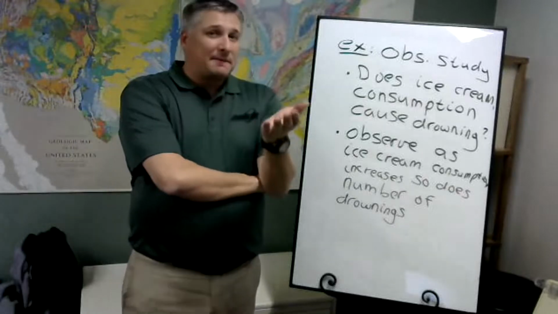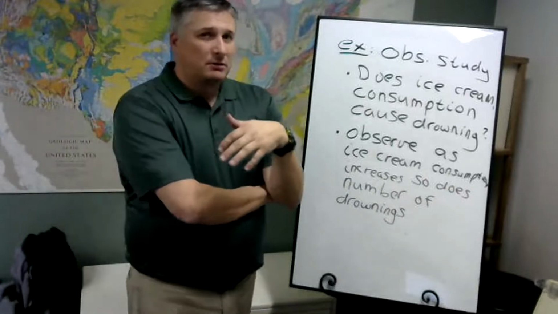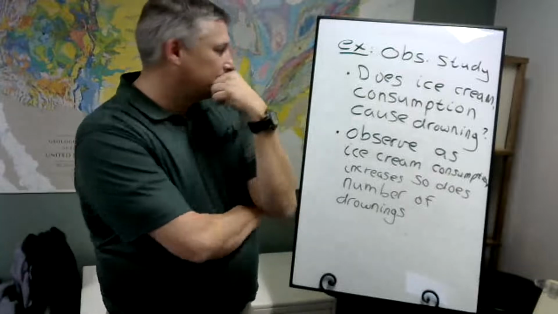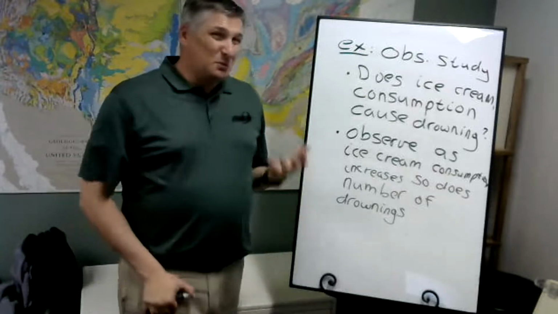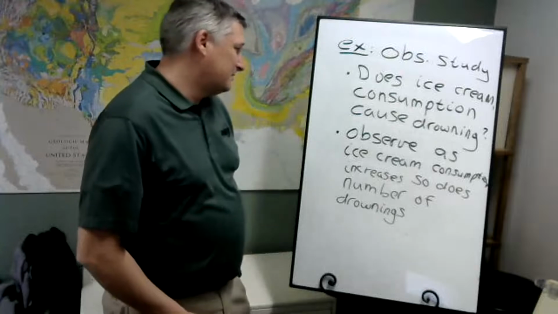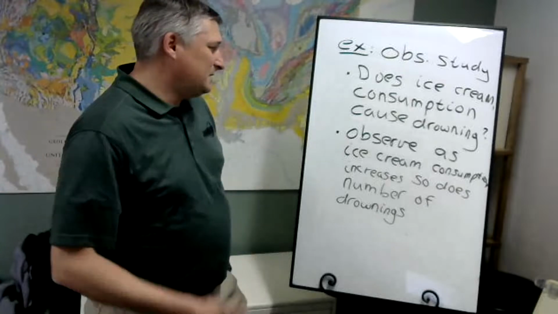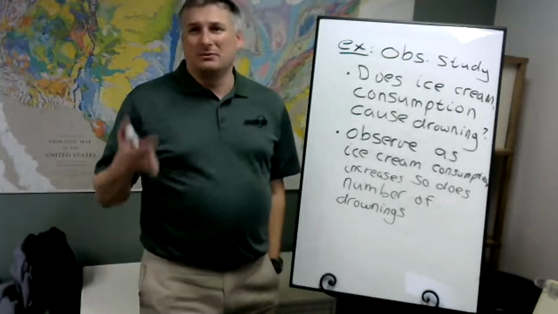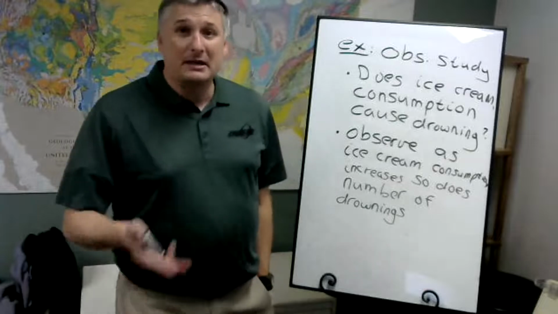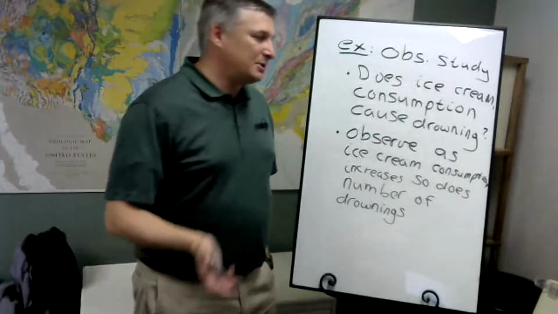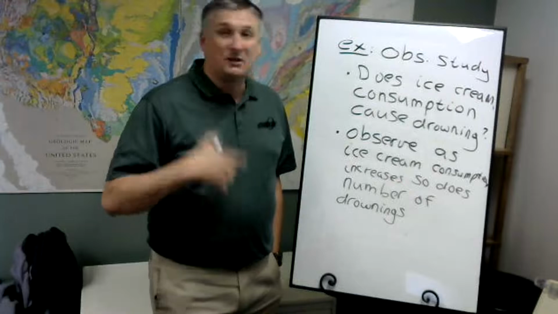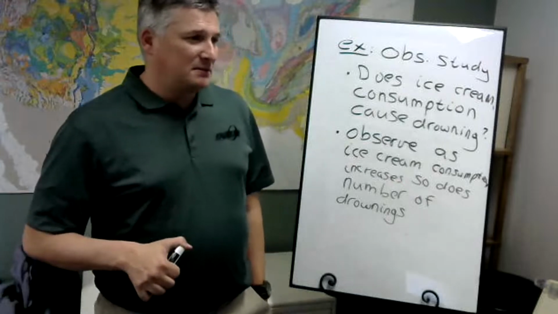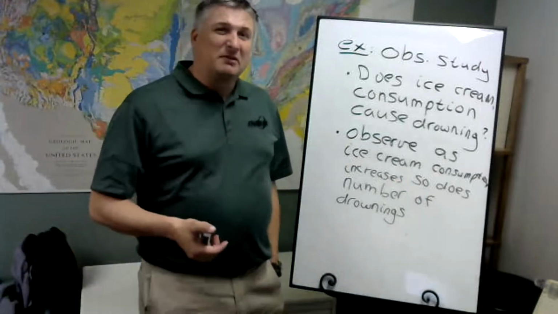Now, we think back to correlation and causation. Is this really a cause? Is ice cream causing people to more likely drown just by eating ice cream? For example, if I'm sitting on my couch, it's December, and I kind of feel like a bowl of ice cream.